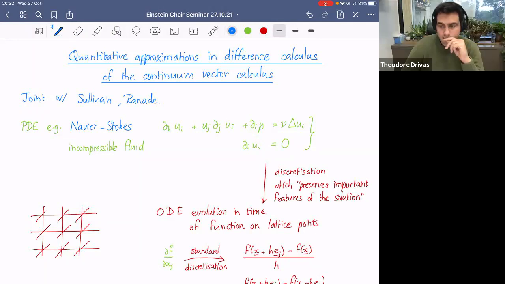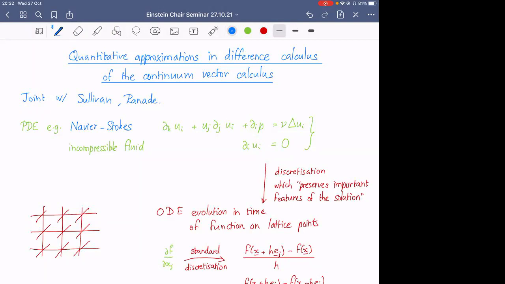And as was said, this is a paper that we wrote jointly with Dennis and Nissim. So the main idea of discretization is that one wants to start with a PDE and discuss it.